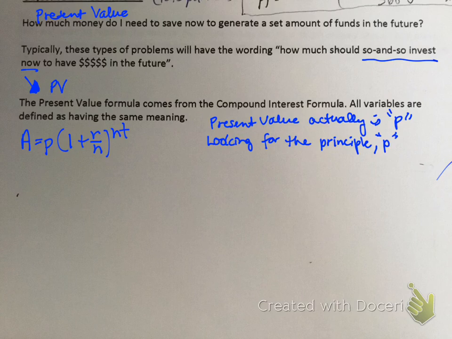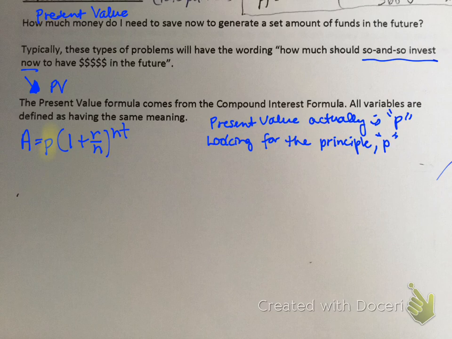So it's the same thing. How much money do I need to put in at this moment to achieve an amount later? So you have two options. One is you can just leave the formula alone and just make sure you don't plug in anything for P. You're going to plug in something for A, R, N, and T, but not P.